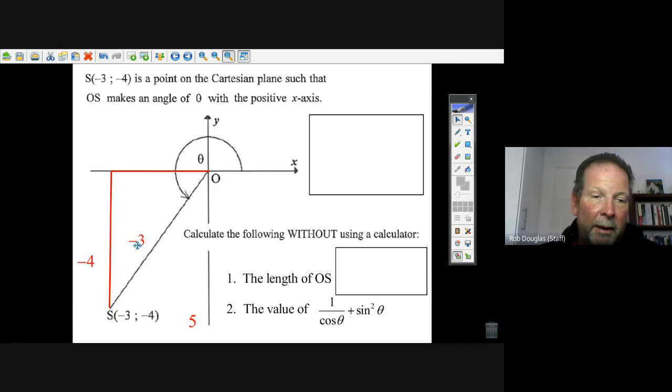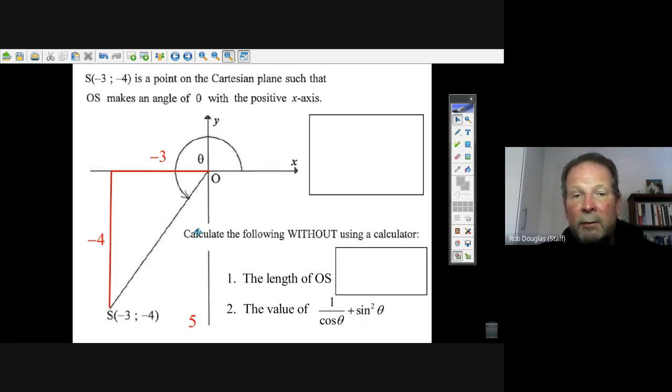Well, this is -3. That's what -3 and -4 means: you go 3 to the left and you go 4 down. There you go. You've got a right angle triangle, because this x coordinate line and this y line are at right angles there.